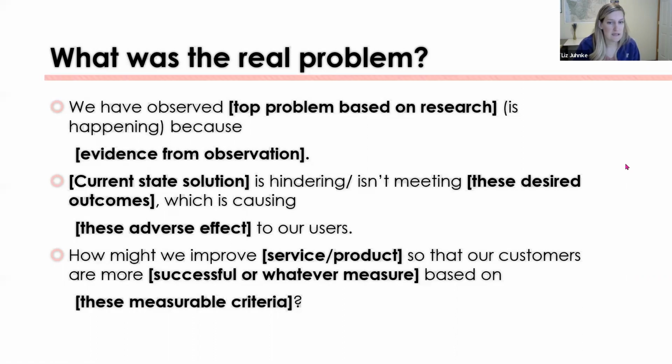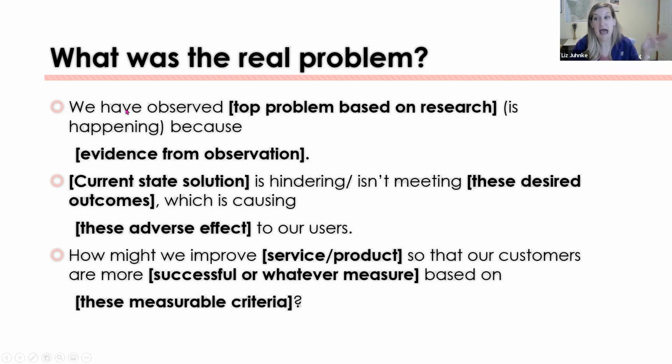This is the Lean UX inspired template for how you summarize your entire report in one nice paragraph. If I'm jumping into a small Design Studio, one to two hours, this is the absolute perfect amount of context to share with your team to get them excited about the problem, and it demonstrates all the research you just did. You're demonstrating you validated.